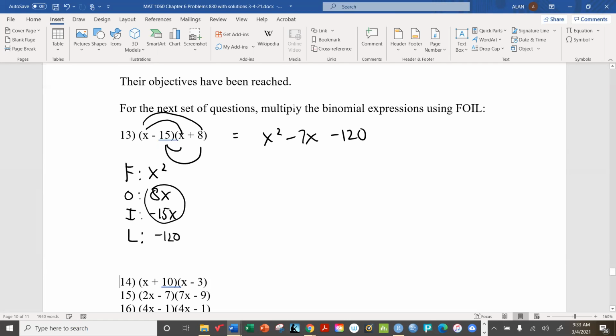And finally, you'll get minus 120. If you have a mistake, you probably made an algebraic error. All right, let's try the next one.